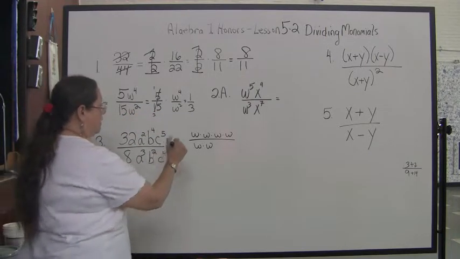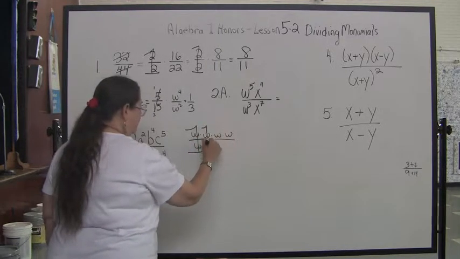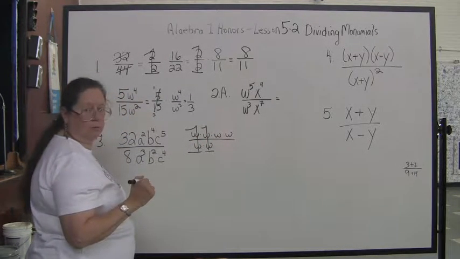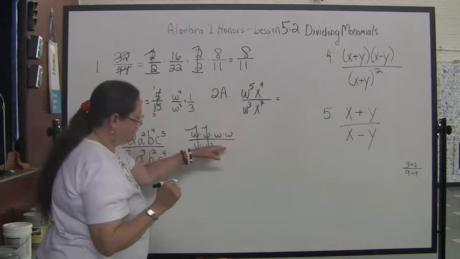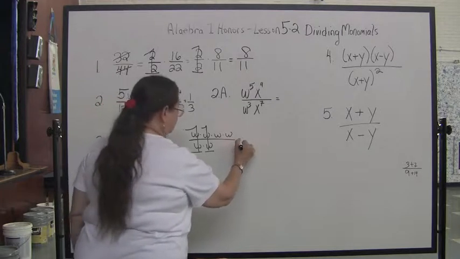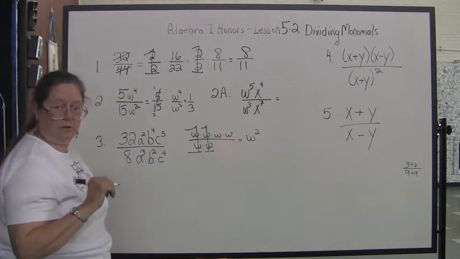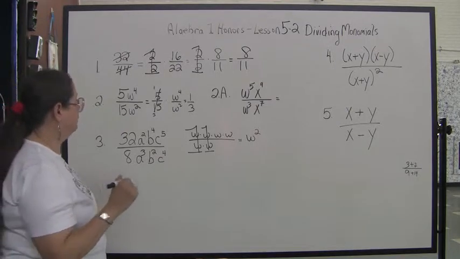Provided W is not 0, I've got a 1 here, W over W. I've got another 1 here, W over W. Okay? I have nothing left in the denominator, that's okay. And I have on the top 2 W's multiplied together, W times W or W squared.